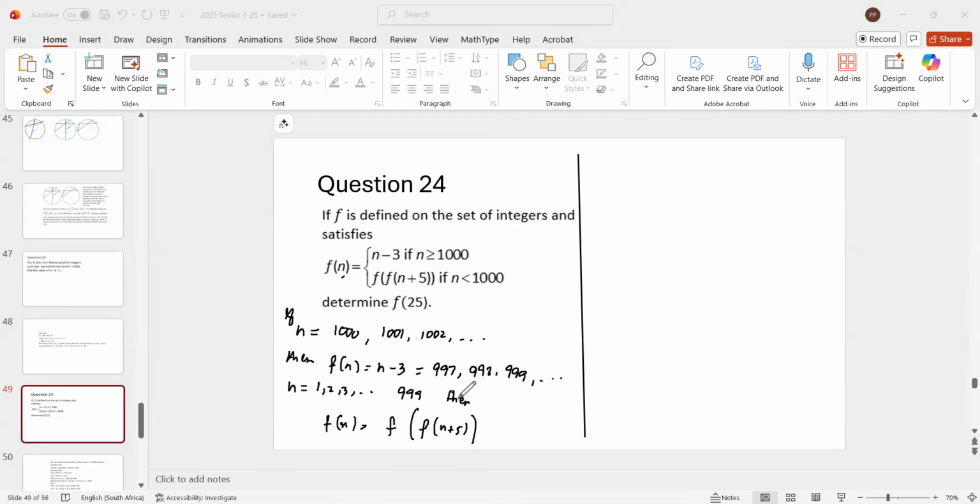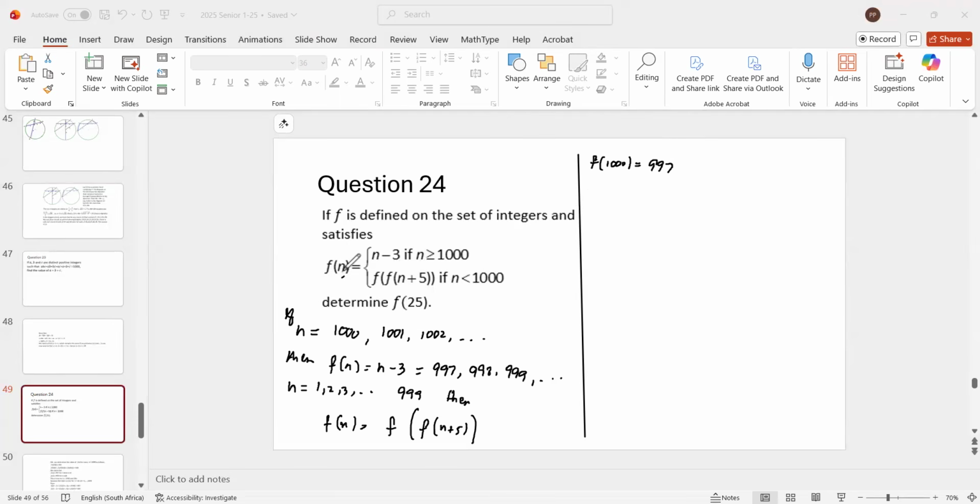Now, 25 is right at the bottom, very far away from 1,000. Let's just start with f of 1,000. It is 997, because this includes n to be 1,000.